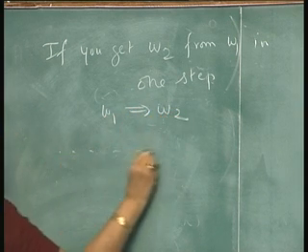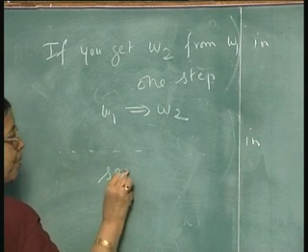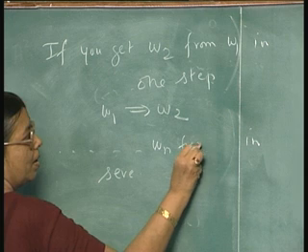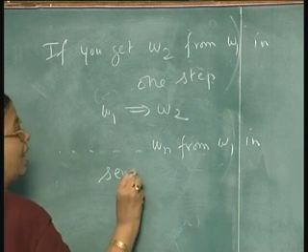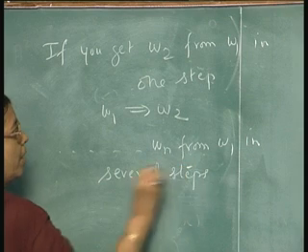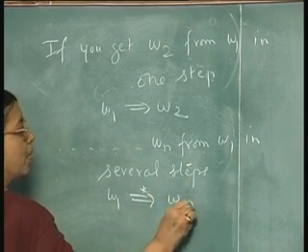If you get Wn from W1 in several steps, you write it as W1 double arrow star Wn.